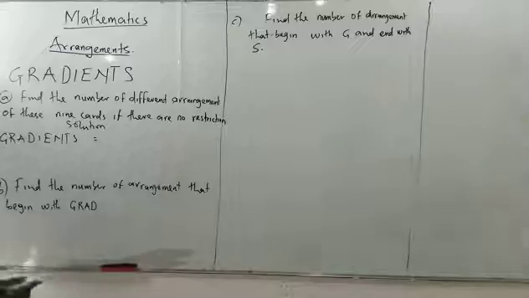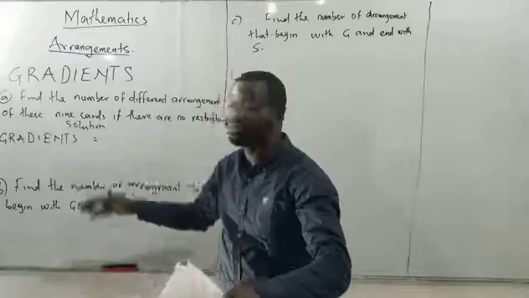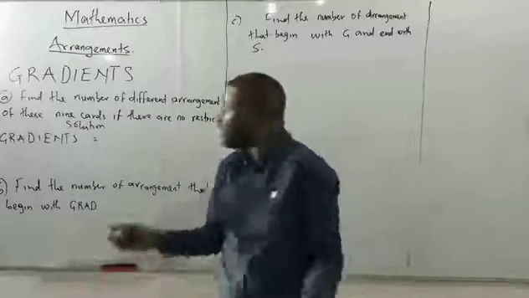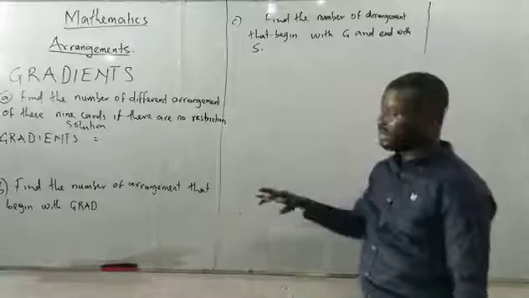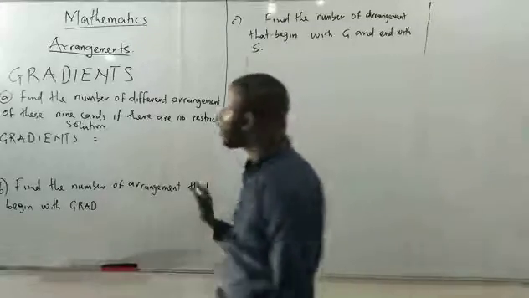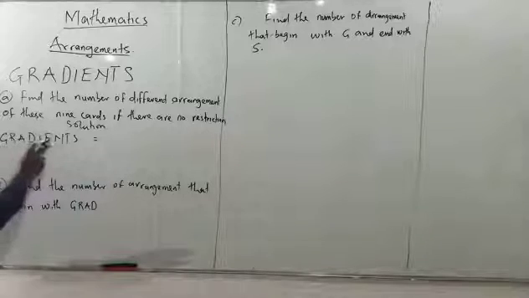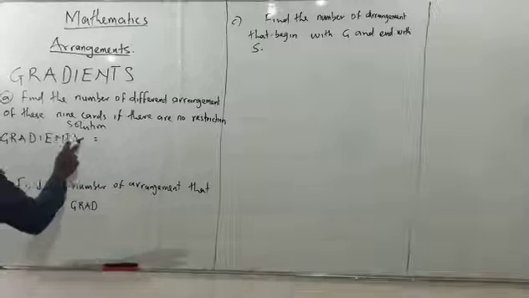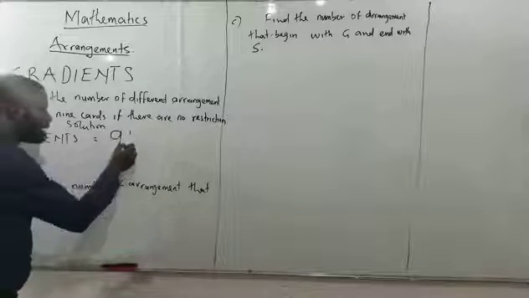Now, I won't lie to you. If you start doing what I told you last time, GRA, you will be tired of that. The whole board will be full of words. You don't need to work so hard. There are 9 letters, so you just need to press 9 factorial.